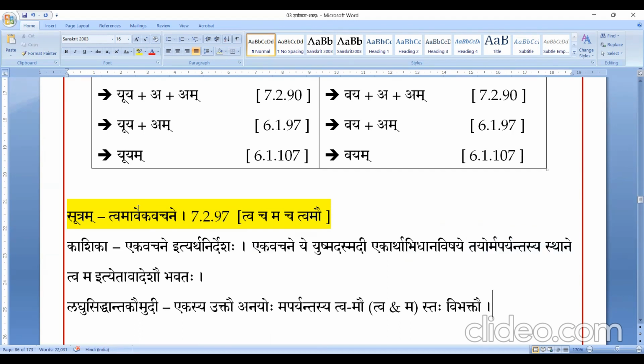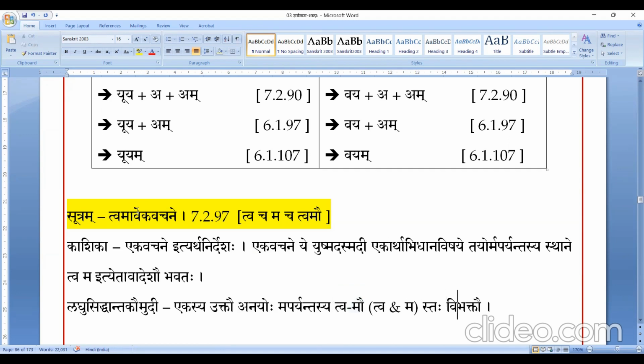Laghu Siddhanta Kaumudi says, ekasya uktau, only when one thing is one entity, ekatva, single unit, uktau. Anayoh ma paryantasya sthane tvamau adesho bhavataha vibhaktau pratyaye parataha.